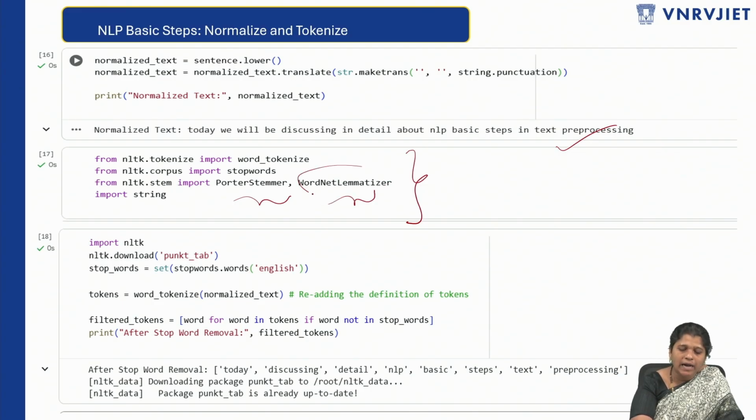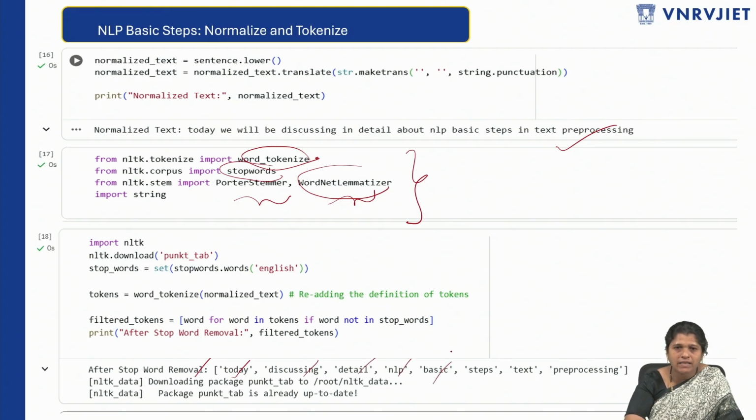These two are the standard libraries to be imported to perform stemming and lemmatization. We can also import stop words and the tokenizer. After tokenizing, this is how the text looks after stop word removal.